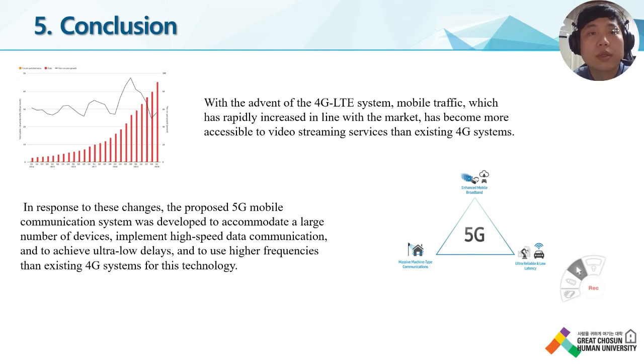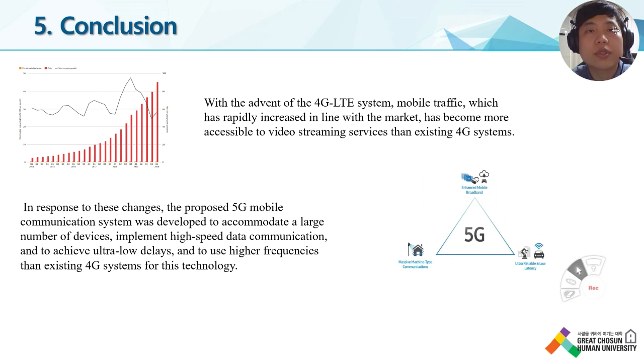Conclusion: the data traffic that increased due to the activation of video streaming services with the development of the mobile communication system was not affordable with the existing 4G LTE system.